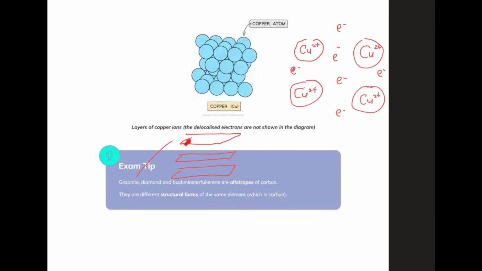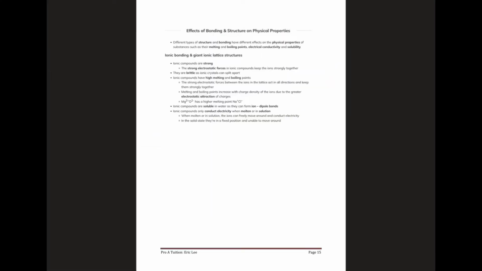It is layer by layer because they are sp2, trigonal planar, so they form one flat layer and then another flat layer and then another. They are held together by van der Waals forces. So there are different structural forms of the same element, which is carbon. We call these allotropes. Okay, now let's move on.